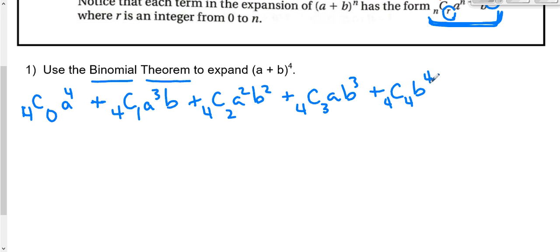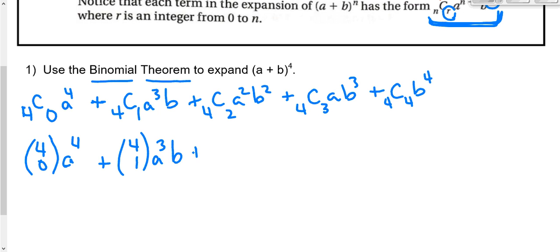Okay, I also want to remind you that there are different notations out there for the combinations, so sometimes you might see something like this. With parentheses around the 4 and the 0, that means the same thing as 4 choose 0. So I could see why someone would want to write it this way, because it feels like it's taking up a little bit less space, just writing those numbers vertically and not putting the C in there.